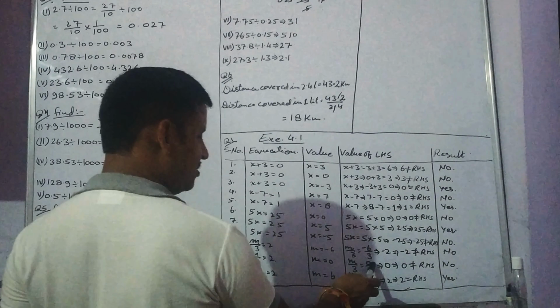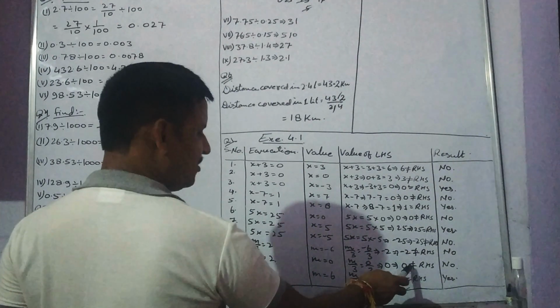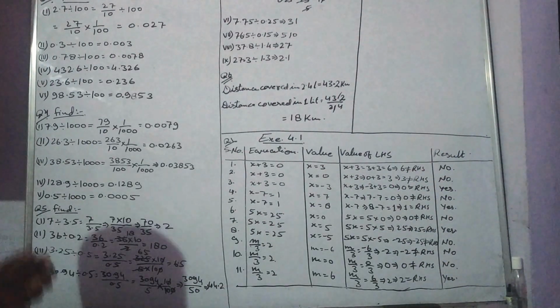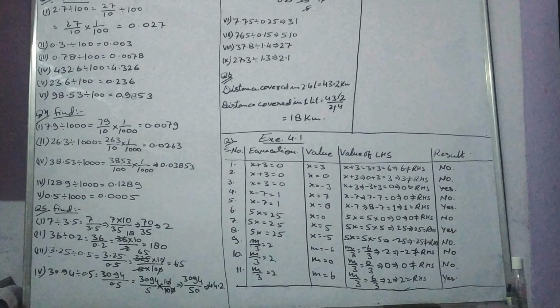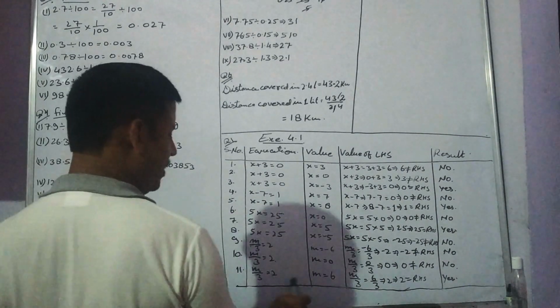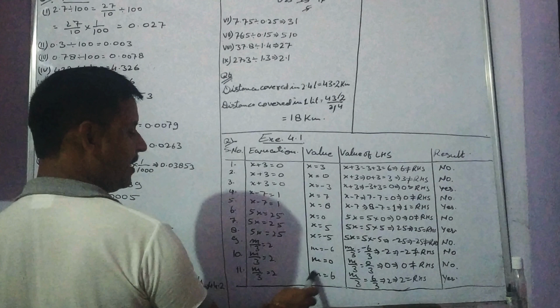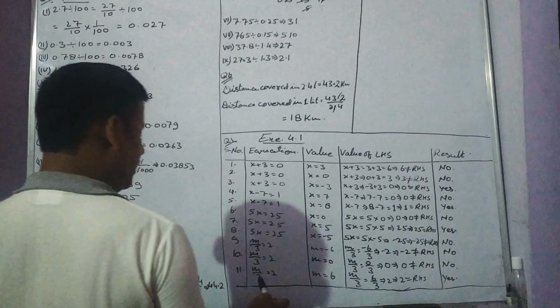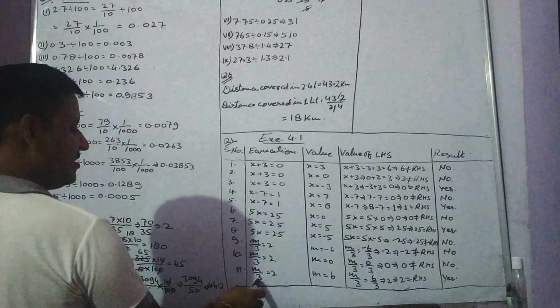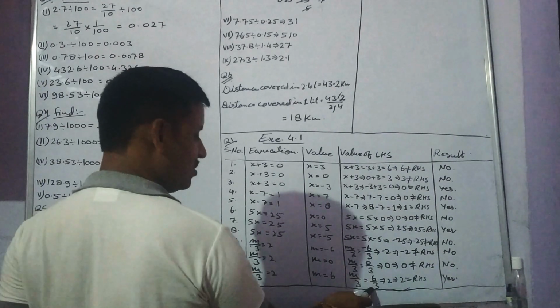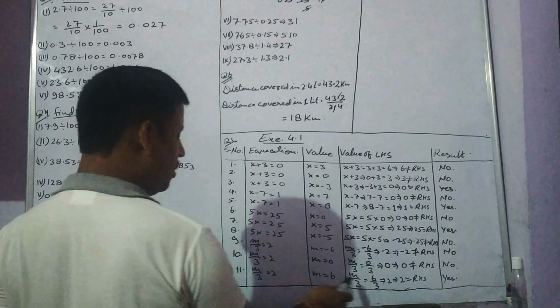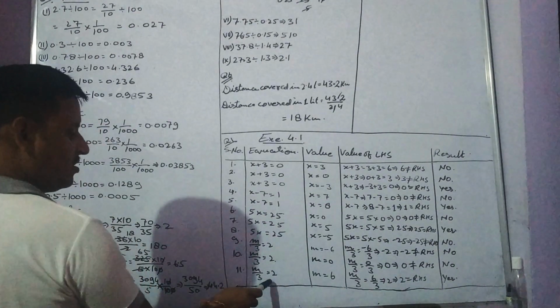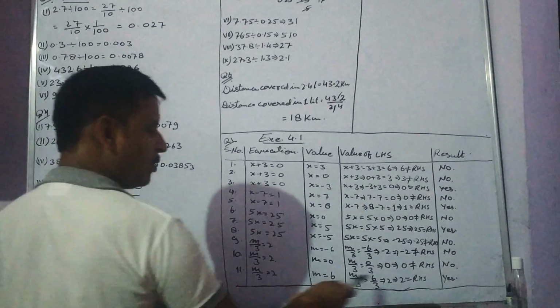So that is 0 upon 3, which is 0, and 0 is not equal to the RHS. So that's why it is not the value. m upon 3 equals 2 and the value of m is given as 6. So we will put the value of m in the LHS of the given equation, that is 6 upon 3, which is equal to 2, and 2 is equal to the RHS of the given equation. So that's why it is the value.